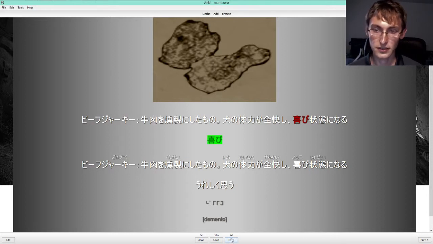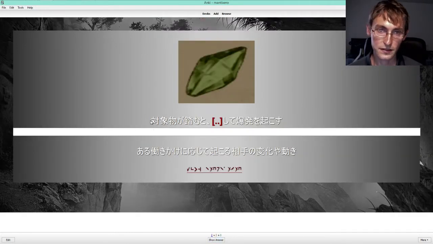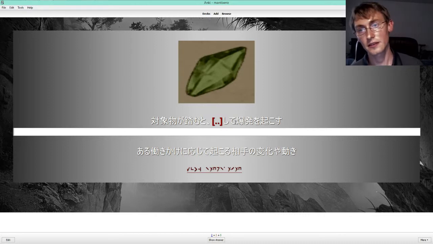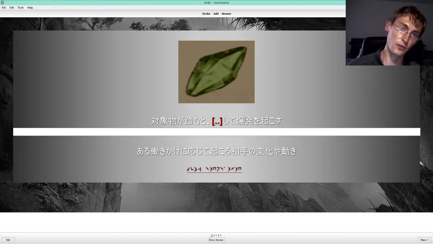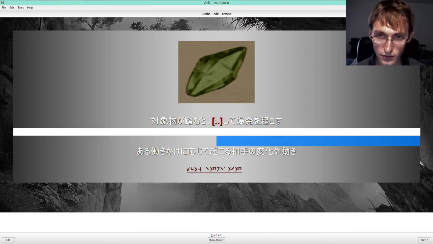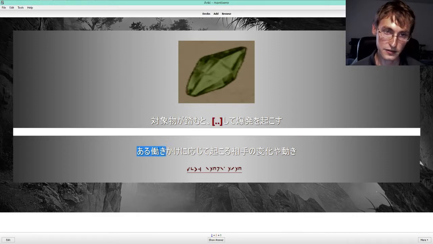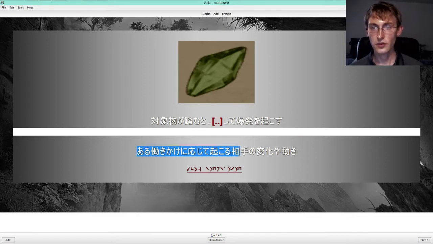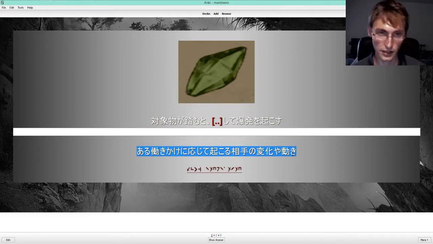So 対象物が踏むと something something して爆発を起こす. So when the target steps on it, it does something and causes an explosion. So this word here, ある働きかけに応じて起こる相手の変化や動き.